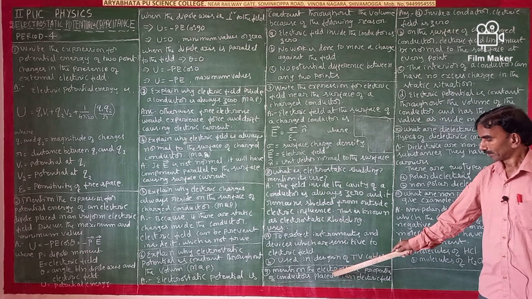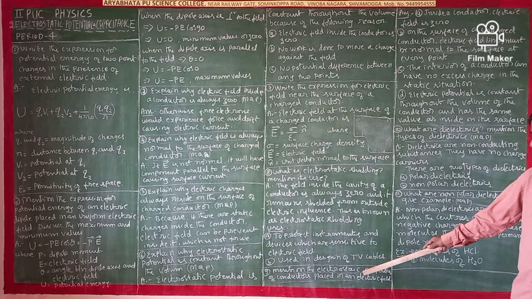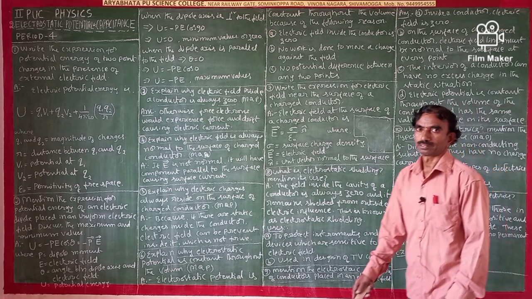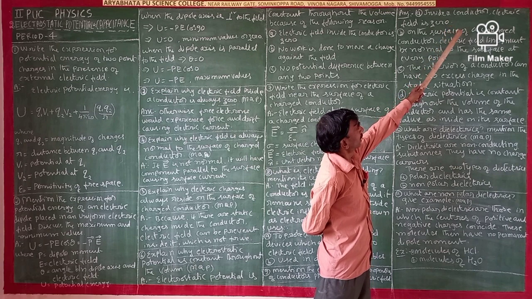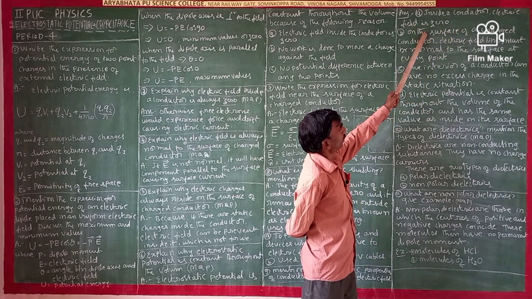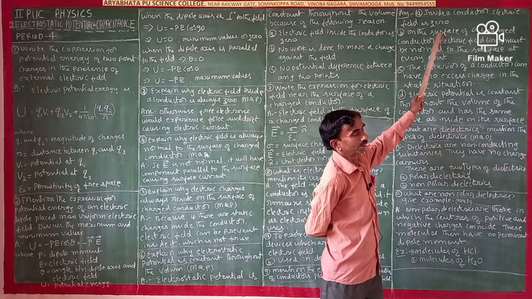Next, mention the electrostatic properties of conductors placed in an electric field. So, inside a conductor, electric field is zero.